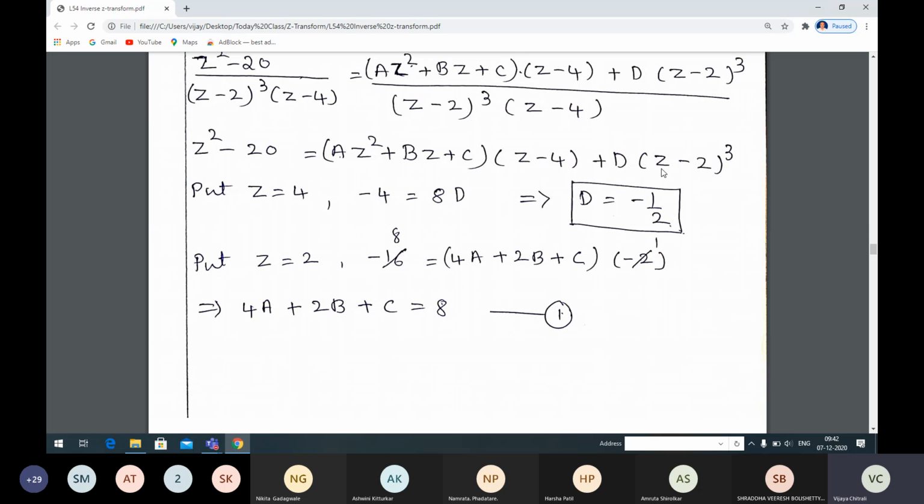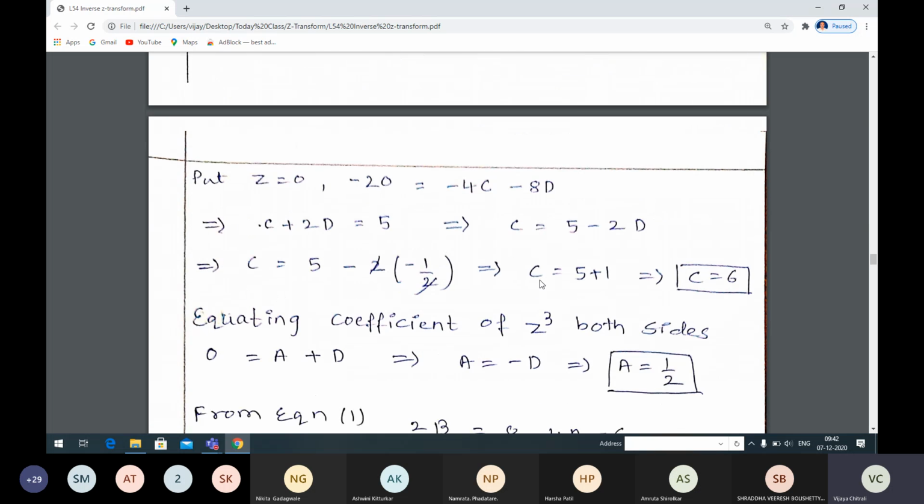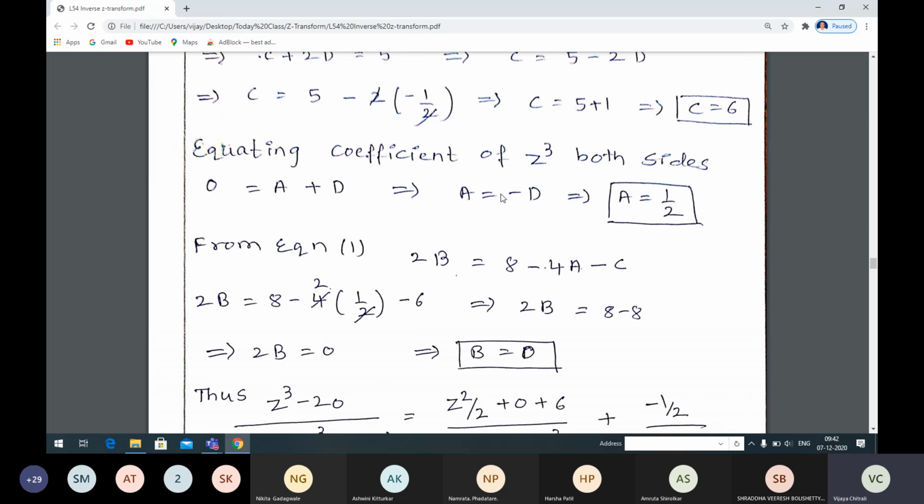Expand this, definitely a z cube term. The coefficient of this will be multiplying with d. So the coefficient of this z cube is d. So 0 is equal to a plus d, right? So a is equal to minus d. We know what d is. d is minus 1 by 2. So minus into minus 1 by 2 is 1 by 2. So a is equal to 1 by 2.